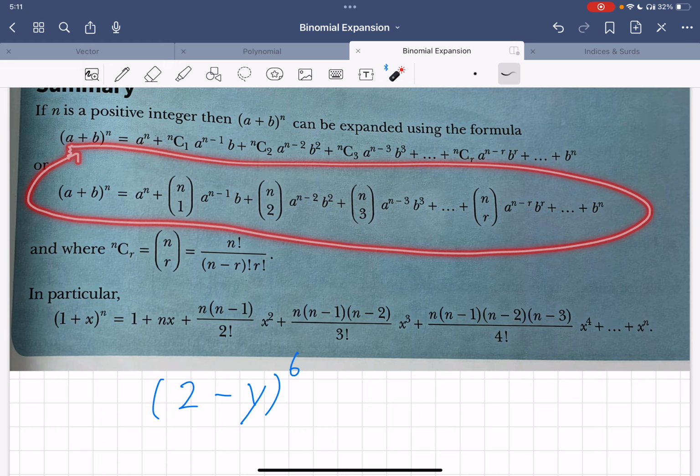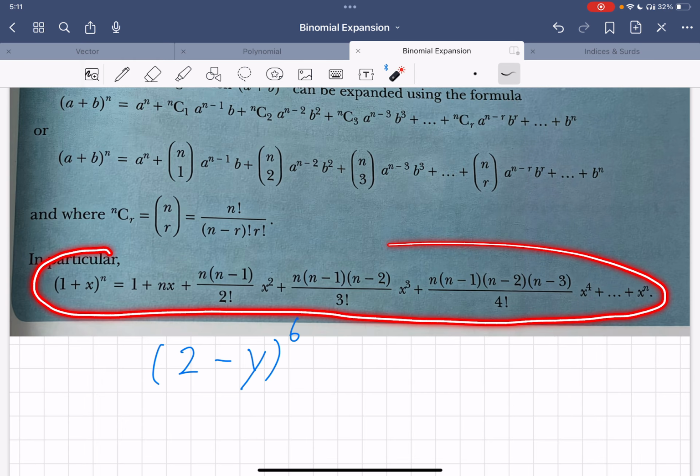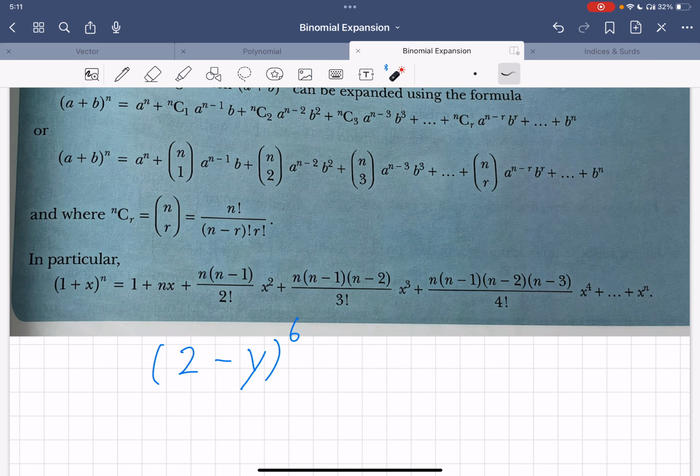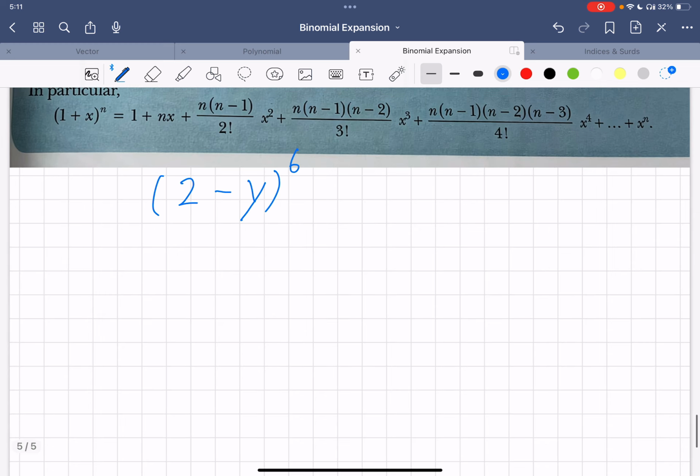But also, we can use the last formula we just learned. How can we do that? It has to start with 1, right? But this is 2. It's different. Well, don't be rushed. Actually, we can change this expansion a little bit.